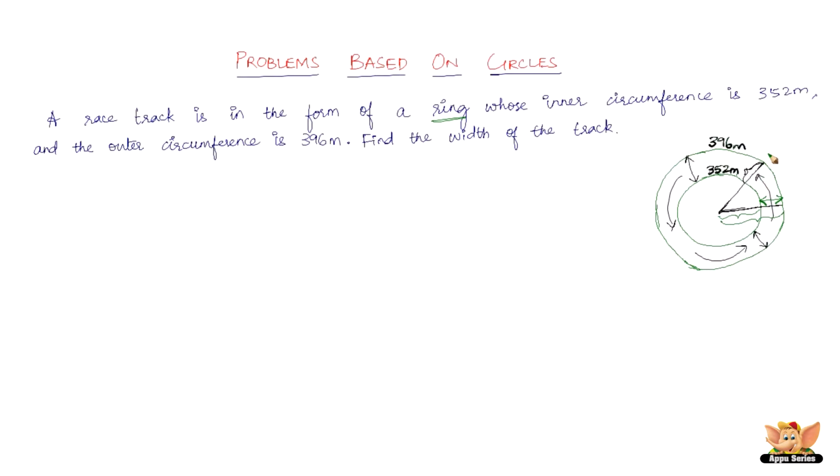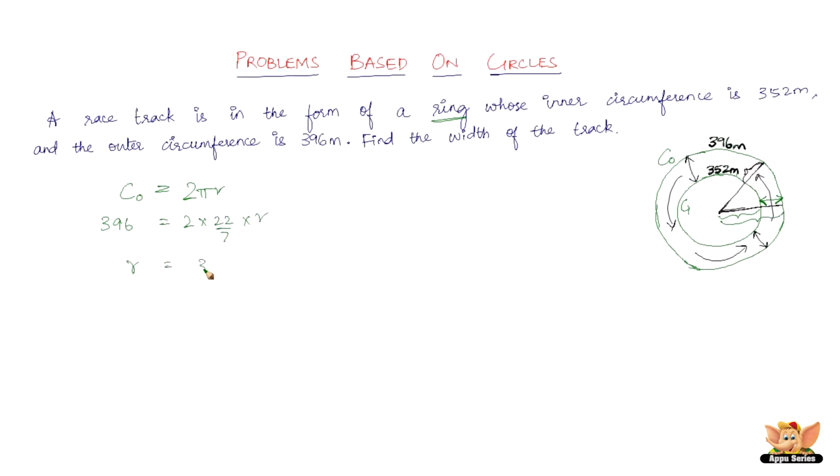So we've got the circumference of the bigger circle. Let's name the circles C outer, that is CO, and then C inner. The circumference of the outer circle is nothing but 2 pi r. That is given as 396. So 2 times 22 by 7 times r.